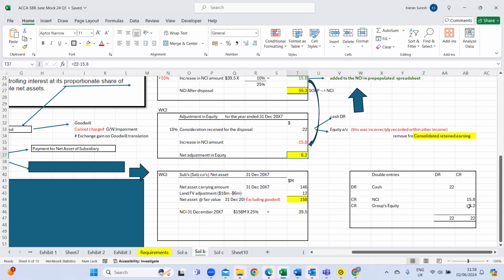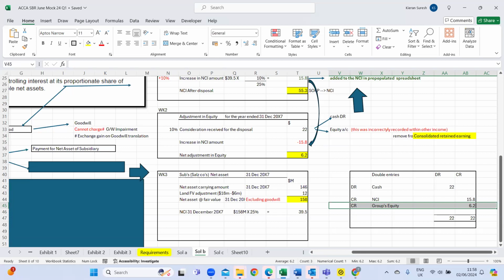Now this is where we have a slight issue with 6.2. This needs to be credited to the equity, because it is a change in the equity.